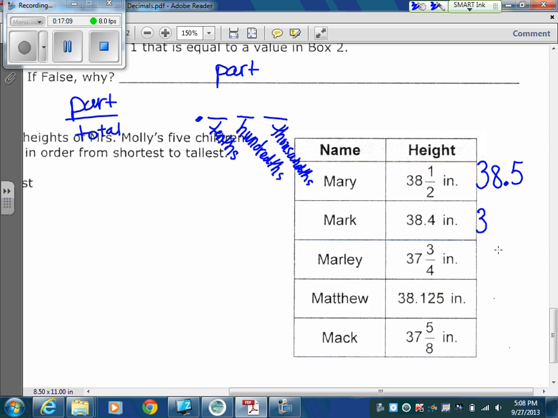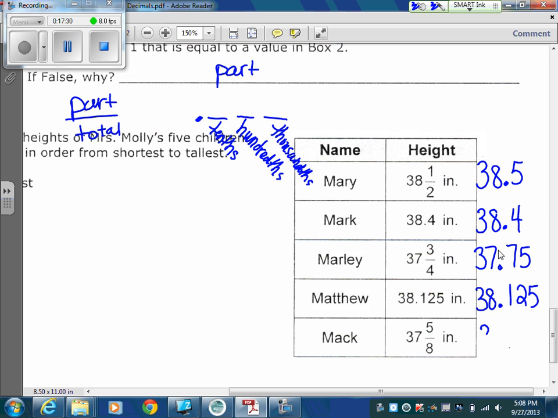Mark is already done. Marley is in a fraction. I'm going to change that. It's 37 whole, and then 3/4, I'm thinking quarters. 3/4 would be 75 hundredths. Matthew's already done, so I'm just going to rewrite.